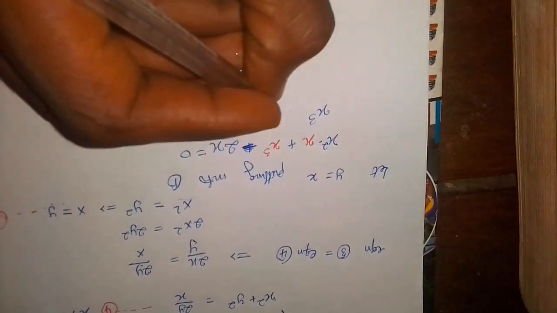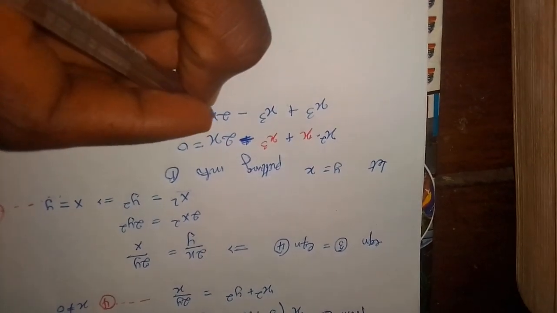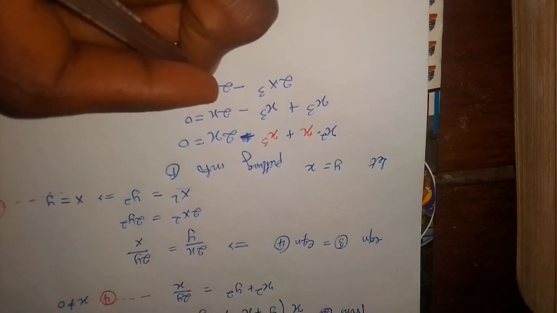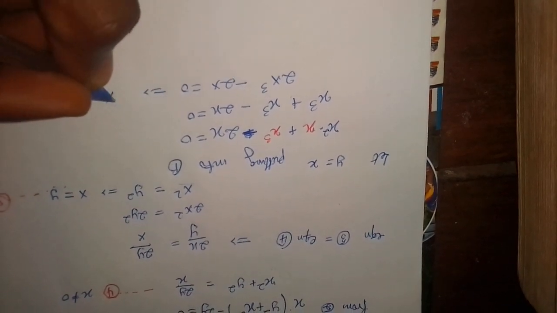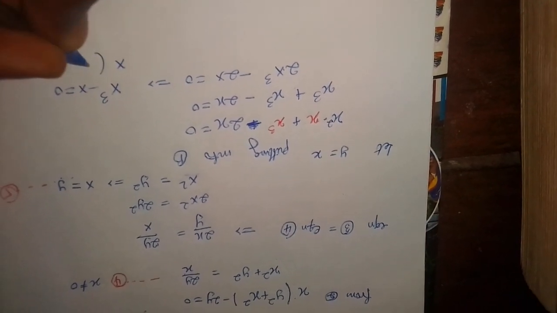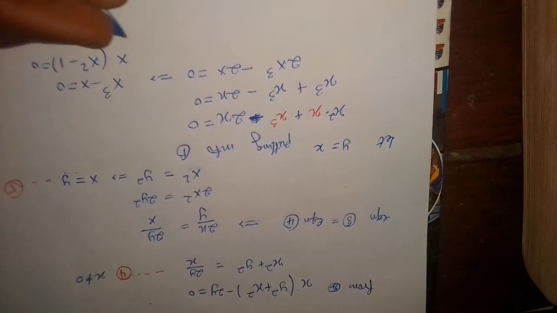So I have x cubed plus x cubed minus 2x equals 0. Now when you simplify, we have 2x cubed minus 2x equals 0. It implies x cubed minus x equals 0. We can factor out an x, so I have x into x squared minus 1 equals 0.